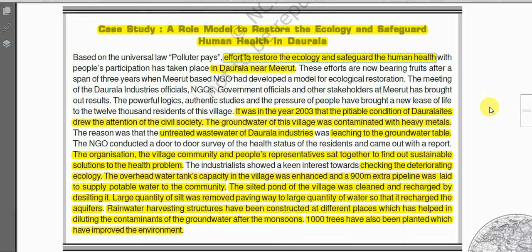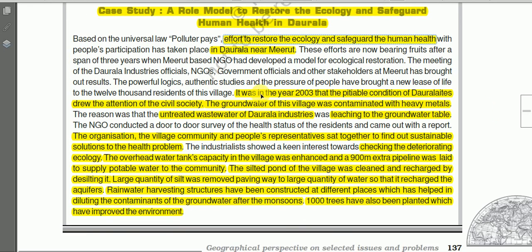So let us read. It was in the year 2003 that the pitiable conditions of Daularites, means people living in Daulara, drew the attention of the civil society.